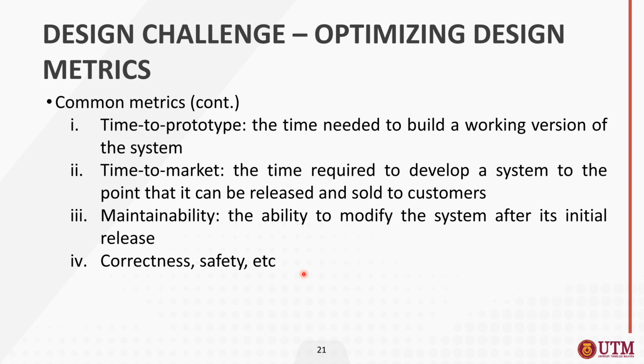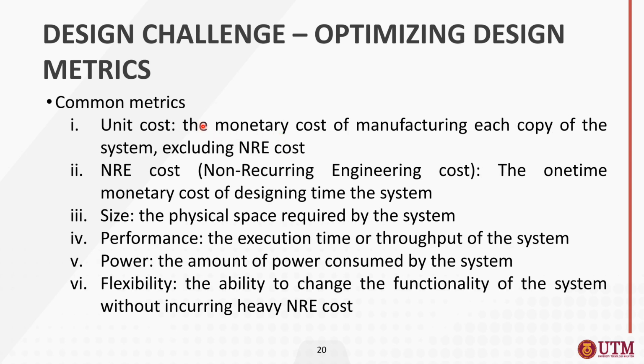So you choose the embedded system which is more familiar to what you are expert in. First, you want to reduce the time to prototype. If you reduce the time to prototype, you can reduce a lot of costs. And then from there, if you have some constraint in the cost, you can consider the unit cost and NRE cost.